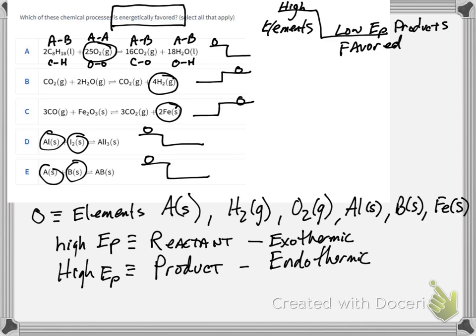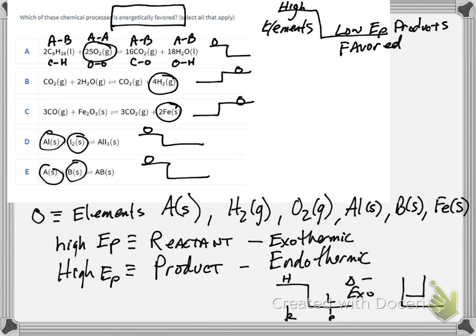So all we really need to do is find out where those circles go. Every time we have a circle, we assign it as high. In our model, if we go high to low, reactants to products, this change is going to be negative, exothermic.